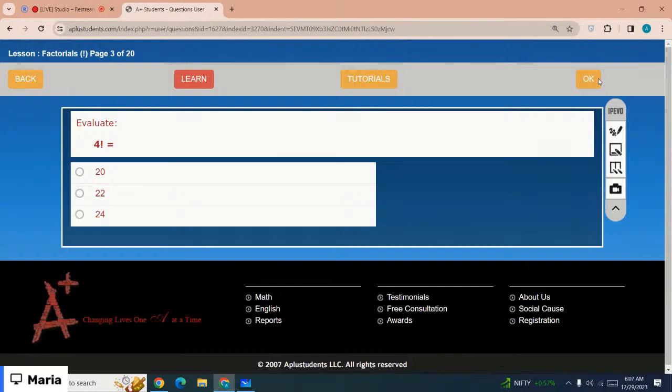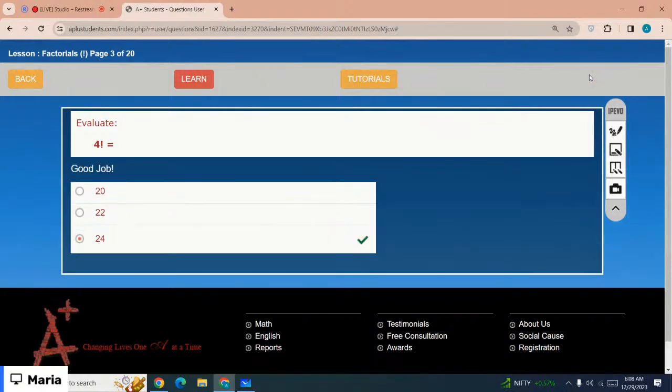The next one is evaluate 4 factorial. So 4 factorial equals 24. The correct option is 24, right? 4 times 3 times 2 is 24. The correct option is 24.